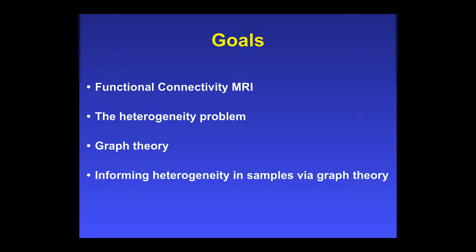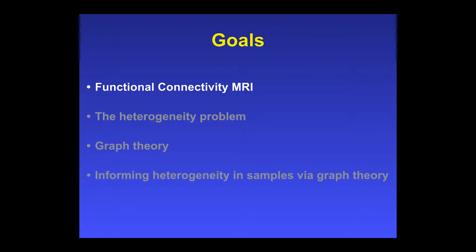I'll describe another mathematical discipline that we're using to try to understand how the brain develops, called graph theory, and then I'll give some brief examples of how all this stuff combines together to give us a better understanding about children and brain development. So I'm going to start here with this functional connectivity MRI business.